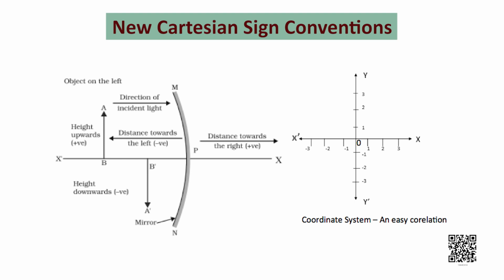Therefore, the object distance will always be negative. Similarly, if an image is formed in front of the mirror, the image distance will be taken along the negative x-axis and so will be negative. However, if the image is formed behind the mirror, the image distance will be measured along the positive x-axis and so it will be taken as positive.